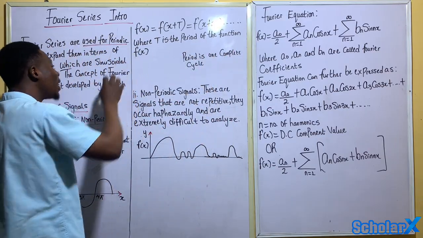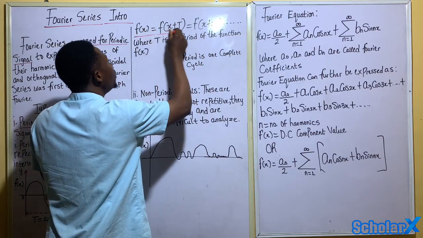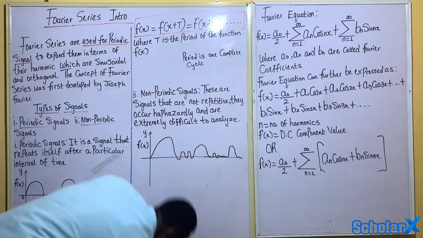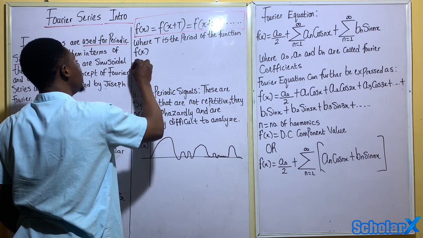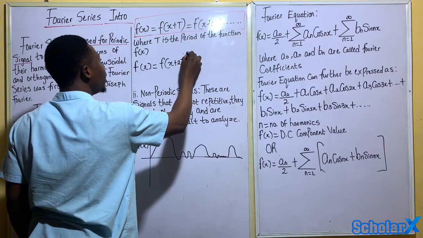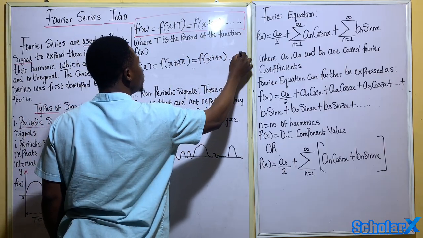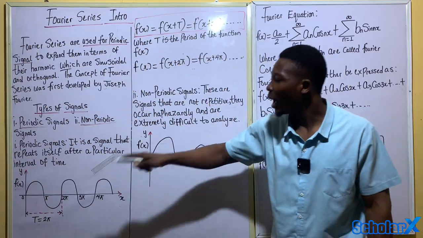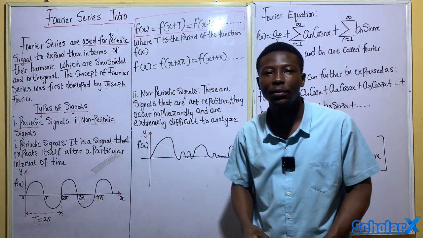Apart from expressing the function like this, I can also say f of x is equal to f of x plus 2 pi is equal to f of x plus 4 pi, and so on. It keeps going like that because one complete cycle is a period, and the period for this periodic signal here is 2 pi.